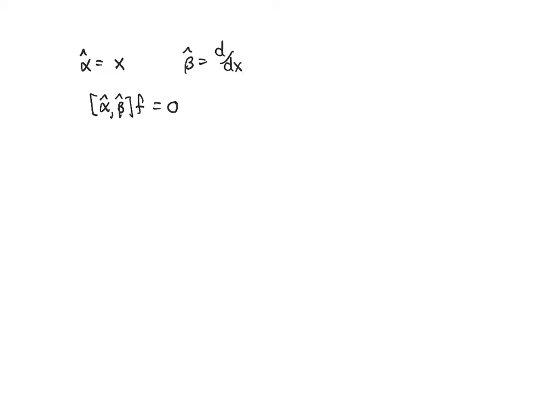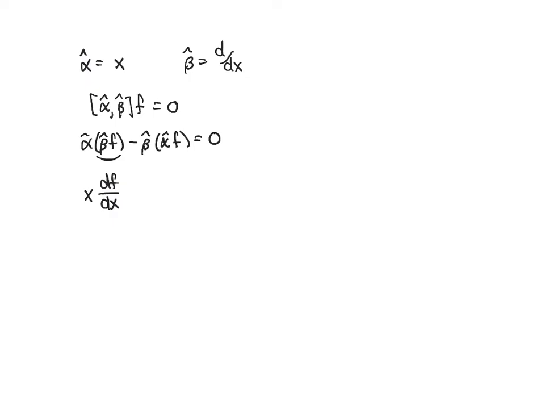In other words, alpha operating on the result of beta operating on f minus beta operating on the result of alpha operating on f will equal 0. So let's do this one first. The first thing I do is I take the derivative of f, and then alpha says multiply that by x. So I just multiply by x.